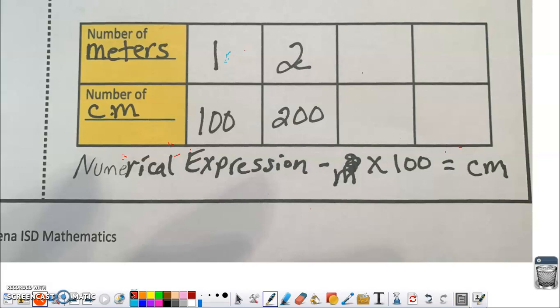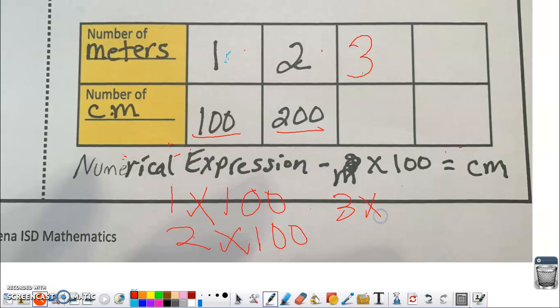So if there's 1 meter, then multiplying, it's 1 times 100, which would give me 100 centimeters. Then 2 meters: 2 times 100 equals 200 centimeters. 3 meters: 3 times 100 equals 300 centimeters.